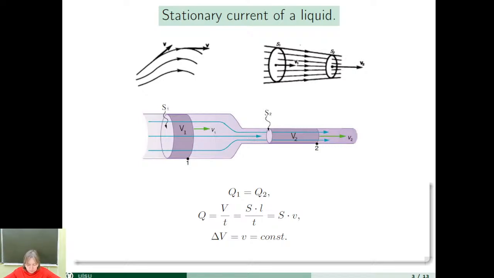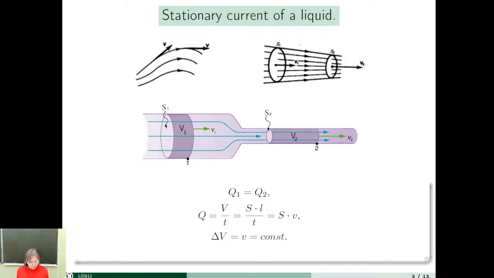A part of a system of liquid limited from different directions by lines of a current forms a tube of a current or jet. Look at this picture. Tube or jet, and this tube or jet.